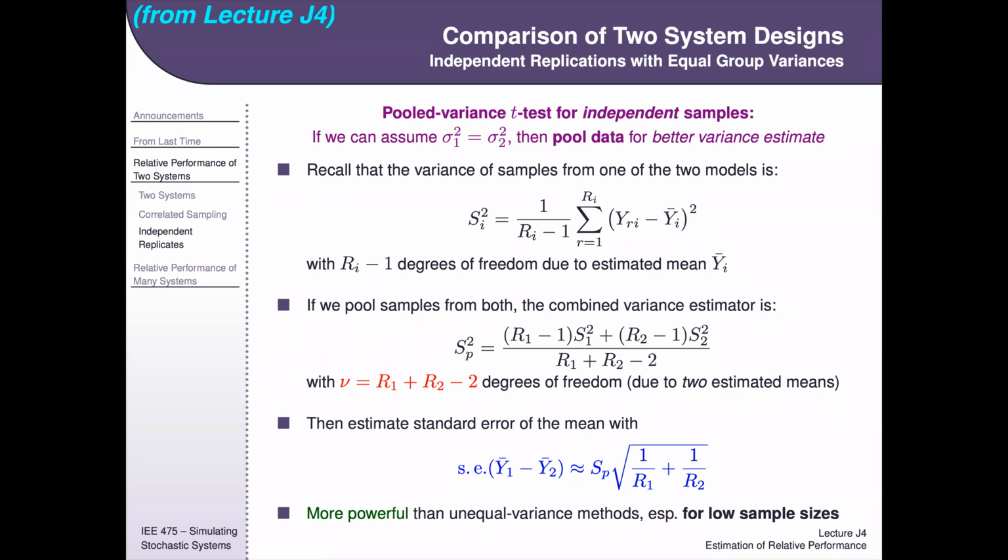And so if the variances are the same, then to calculate the variance, we can combine together all of the data across the two models just for the purposes of estimating variance. That's what we've done down here. This is the variance for system i, and you can also think of the variance for system 2.